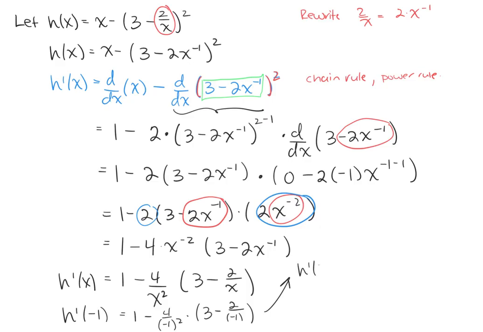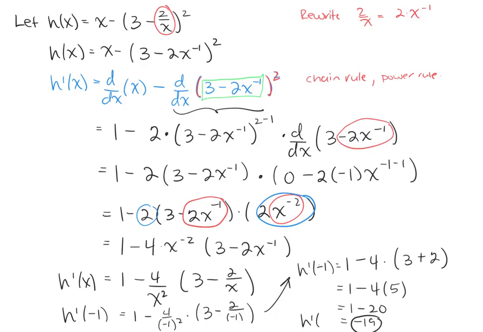So h prime of negative 1 is equal to 1 minus, and then I've got 4 divided by negative 1 squared, so that just gives me 4, times 3 minus, and then I've got that 2 over negative 1, so that minus becomes a positive sign. And then that gives me 1 minus 4 times 5, which is 1 minus 20. The answer is negative 19. Okay, h prime of negative 1 is equal to negative 19.